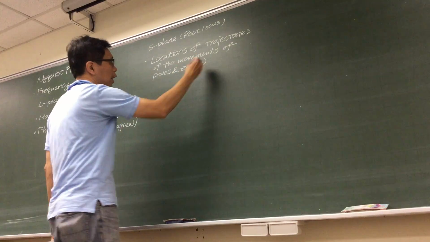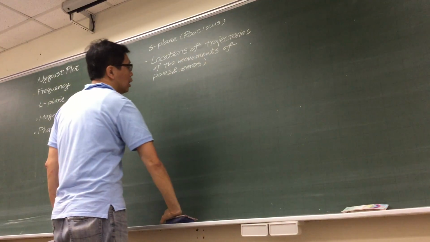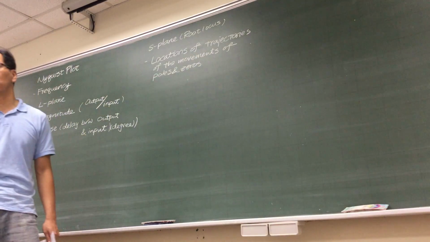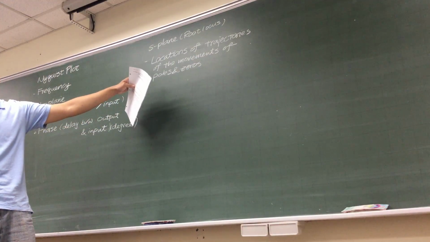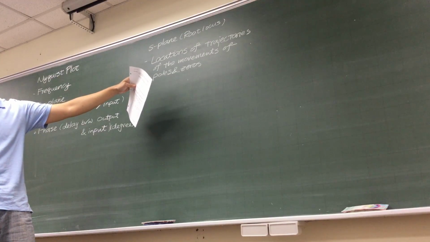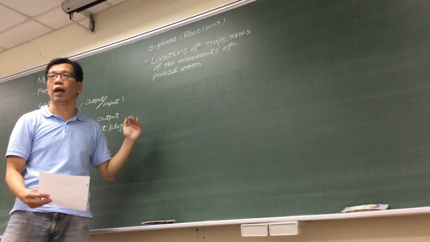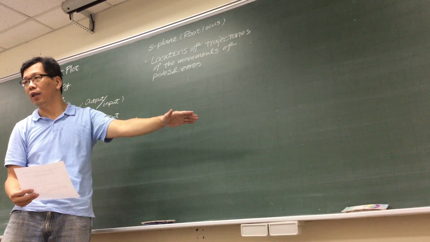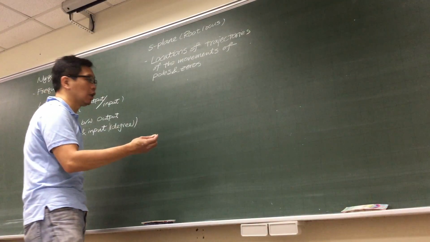So if our K is increasing, then the pole location of the overall system is going to change its position. So that is what we put on the S plane. And when we say we have S plane, the important thing is that we do not want pole locations to go to the right hand side, right? That's the only thing.